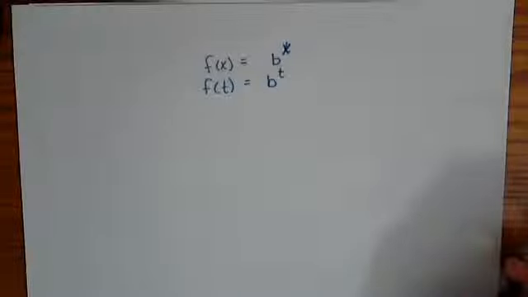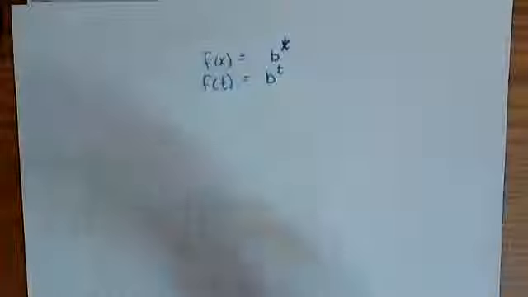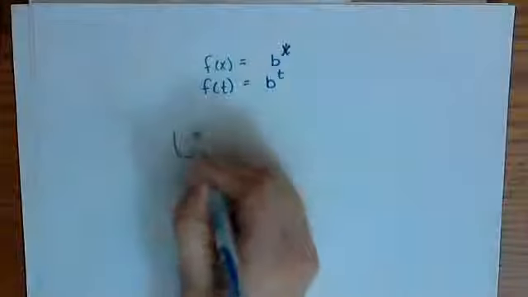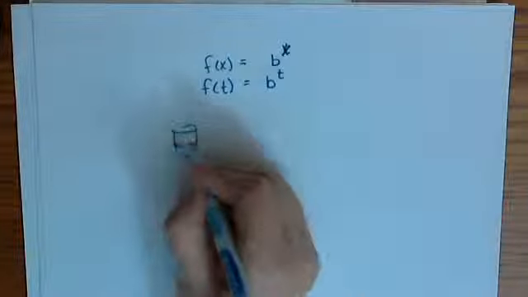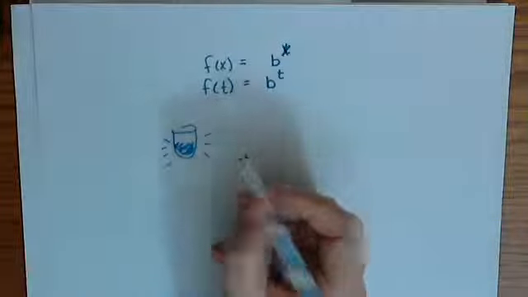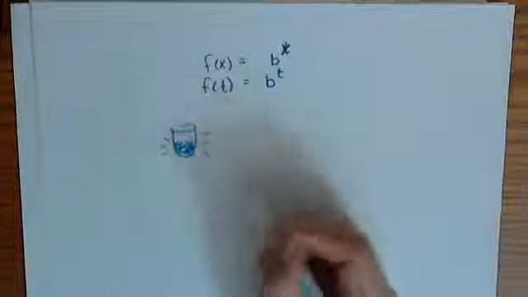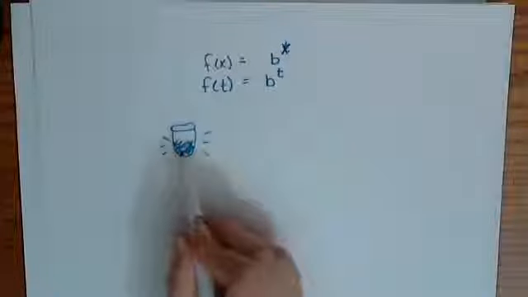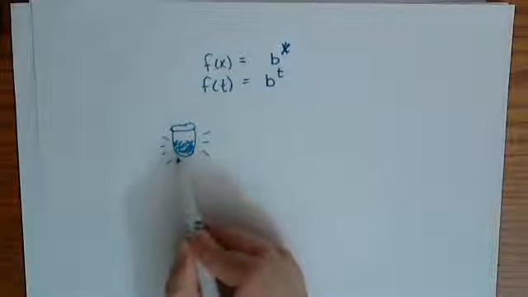A half-life is almost always used with radioactive stuff. So I've got a beaker full of stuff, and it's radioactive, so it's glowing, right? We've got all of our stuff in there. And the half-life tells us the length of time it takes for half of this stuff to turn into something that is no longer radioactive.